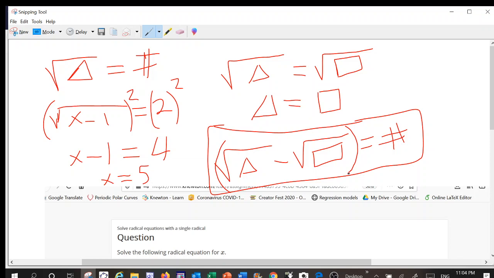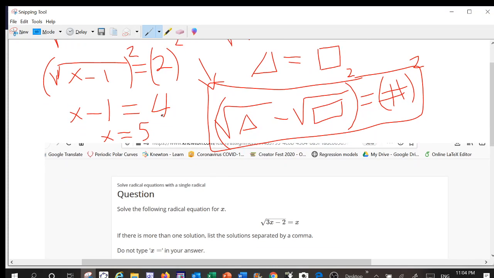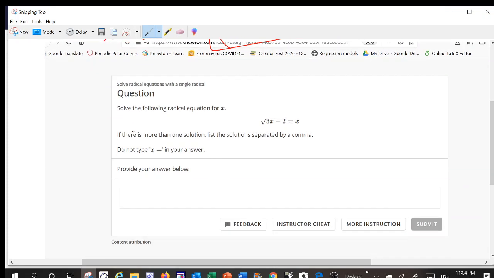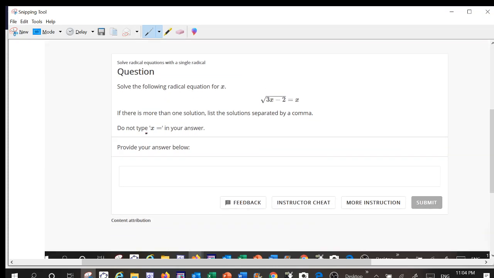You're not going to be able to say something minus something squared is just something squared minus something squared. That's not true. That's a common mistake. So we're going to look at this and we do one of these. But let's just start with the simple ones, and then we'll go to more complicated ones.